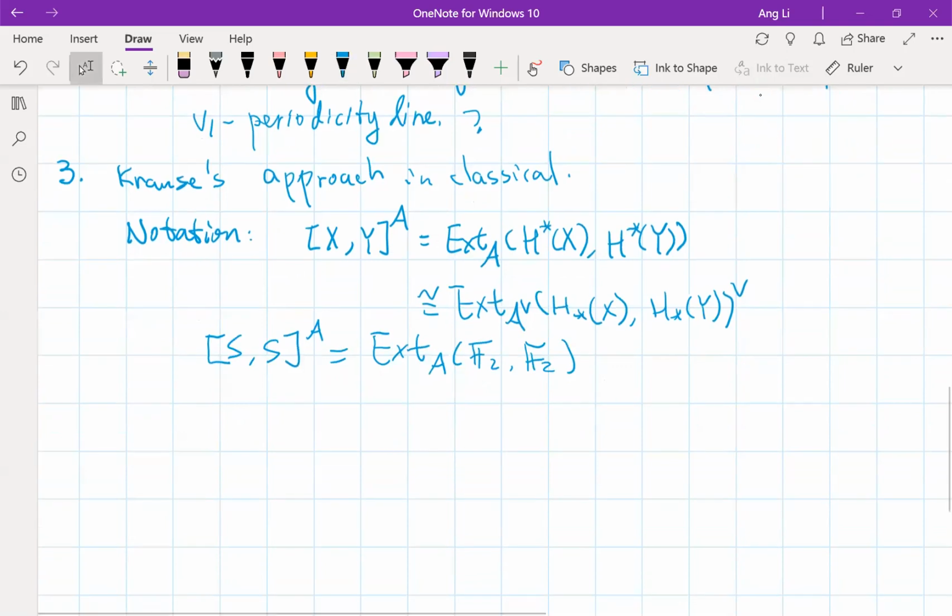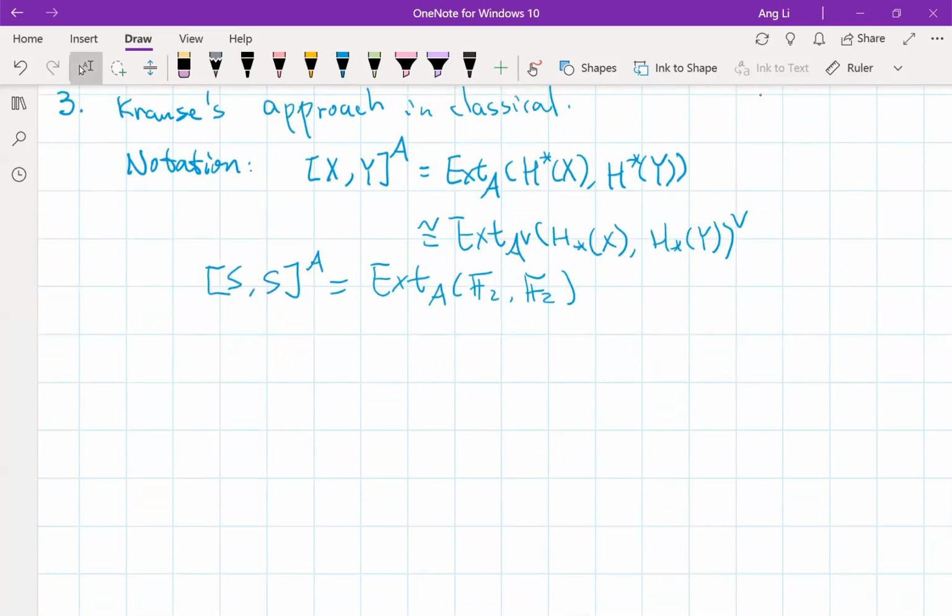All right, so this is the first notation, and the second thing I would like to list is the cofiber sequence. If I have a map between sphere spectra, let's call it alpha, I can take the cofiber and denote that as S/alpha.